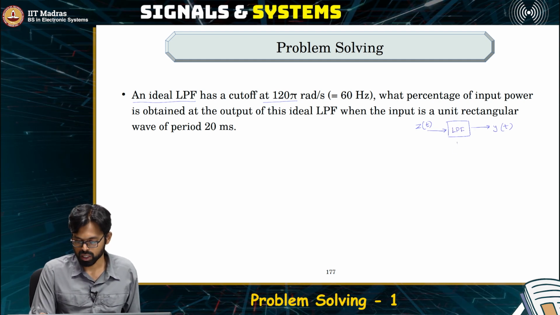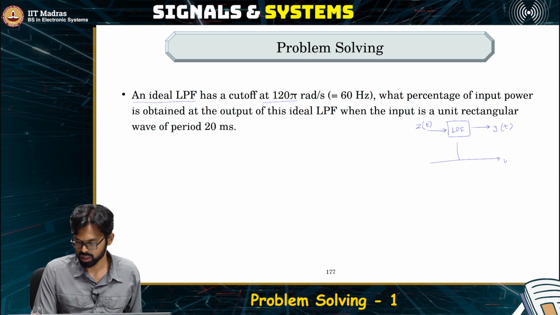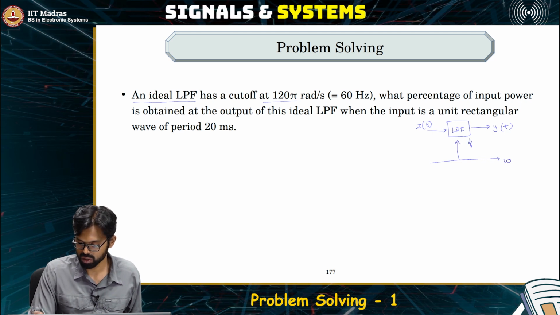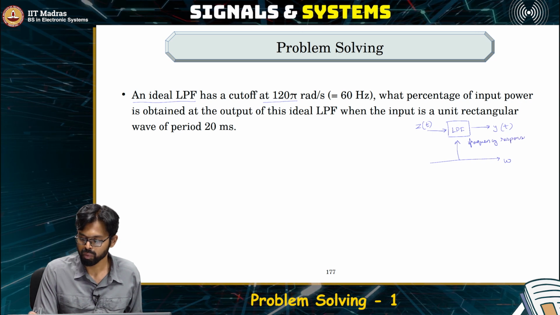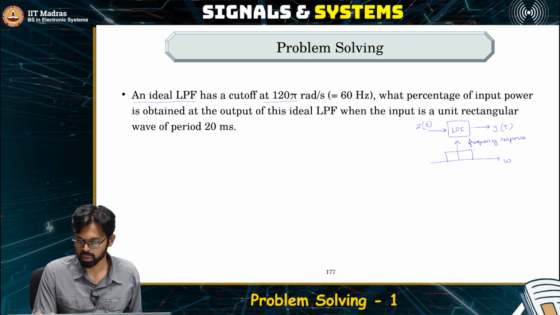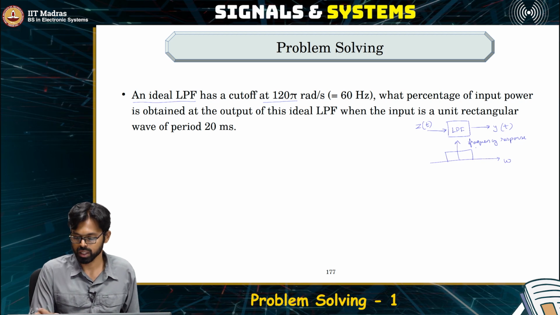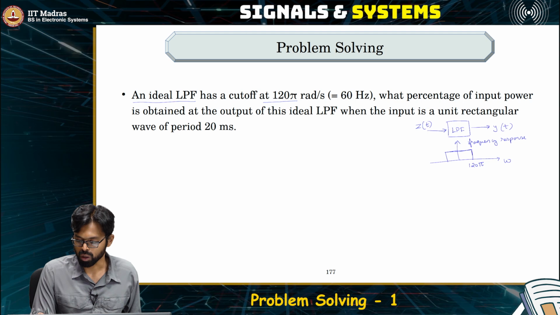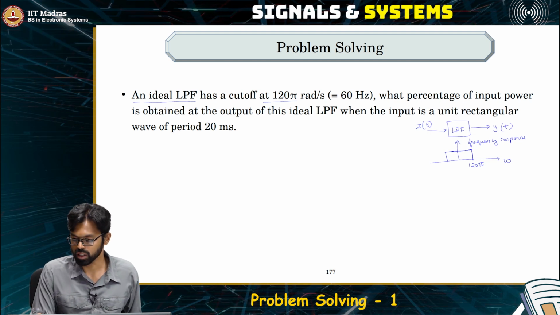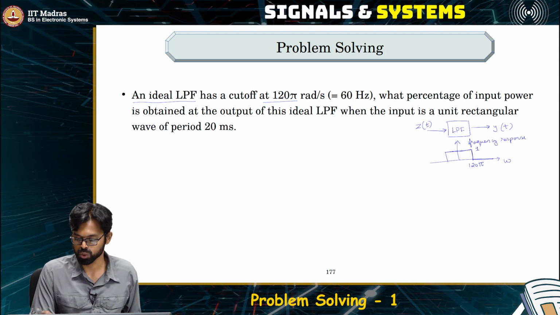So this is the frequency response of the ideal low pass filter. It is nothing but a rectangular function, and here we say that at 120 pi it stops having a non-zero value. After that it is all 0, until that it is 1.